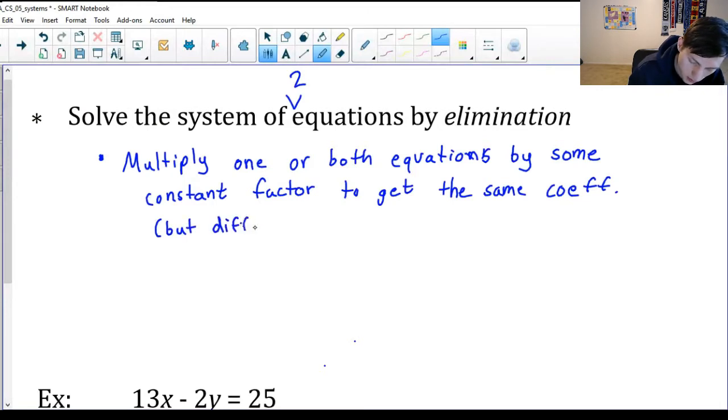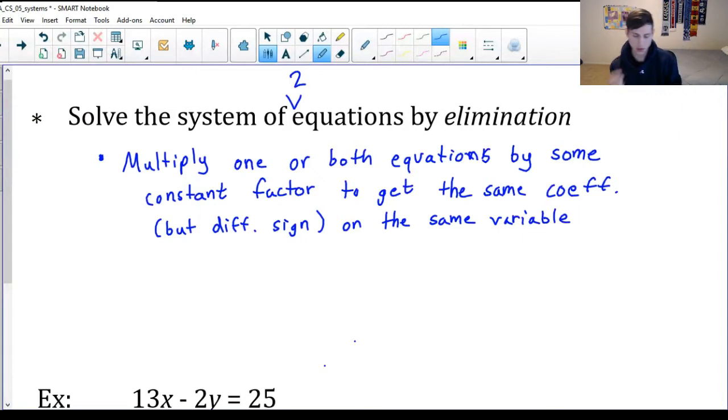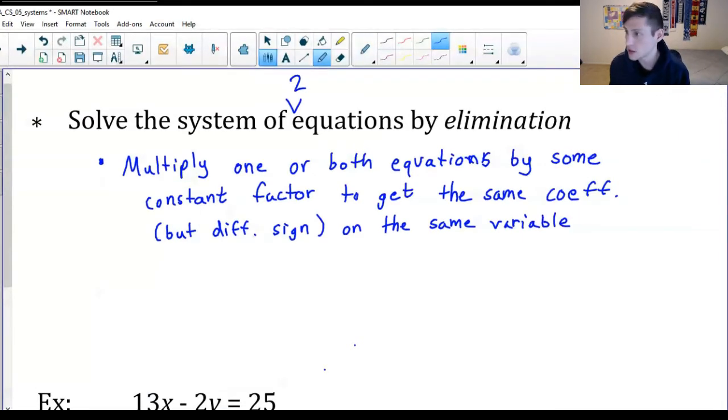So again, one positive, one negative, on the same variable. This sounds very wordy and weird written out like this and doesn't make much sense, but it makes more sense when you see it.